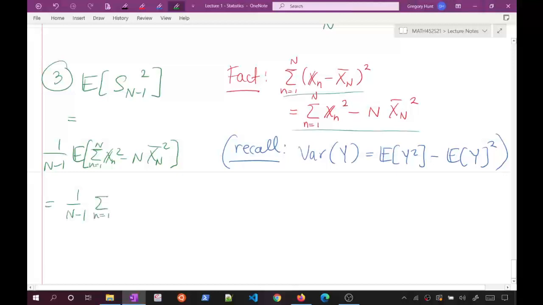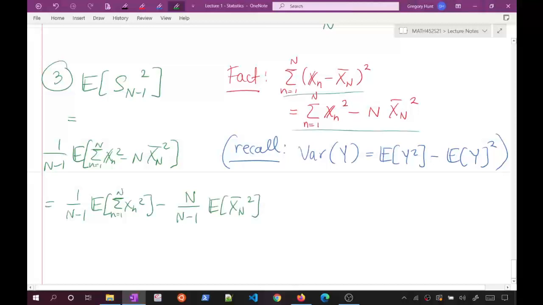First of all, I can distribute this expectation over the subtraction. So the expected value of the sum of the xn squareds, minus, now I have an n I can pull out, and I have that n minus 1. I'm just distributing the expectation across this minus sign.